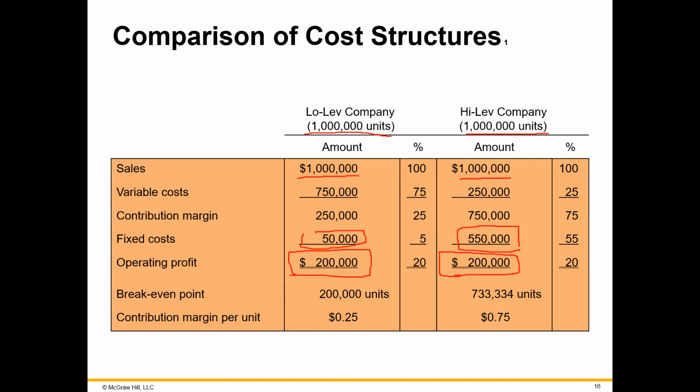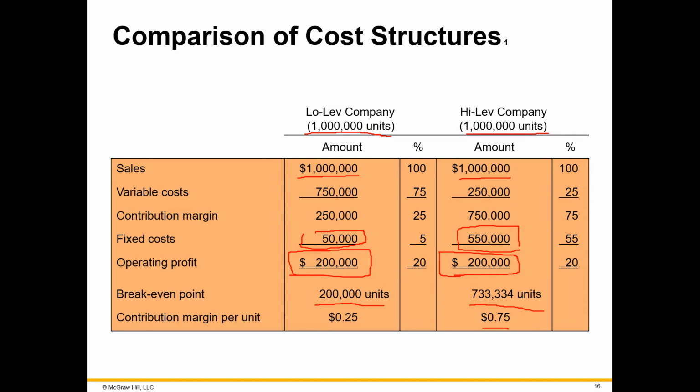All they had to do was sell 200,000 units to cover their fixed costs, and then they were able to start generating operating profit. For the high leverage company, they had to sell 733,334 units before they were able to generate a single penny in operating profit. So the high leverage company was a lot more risky.